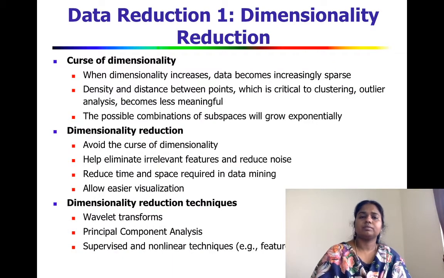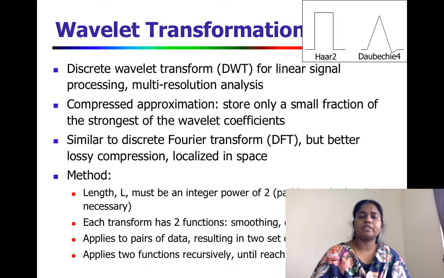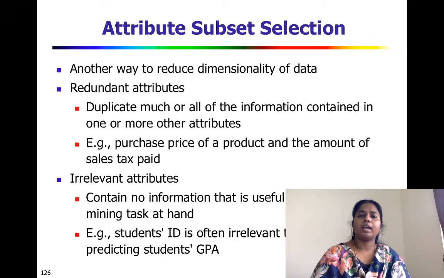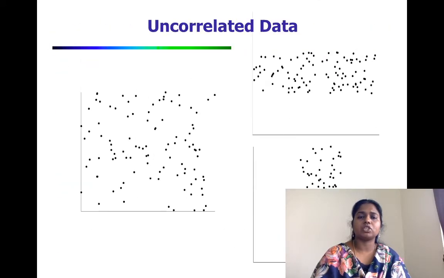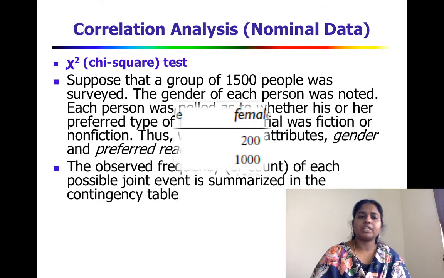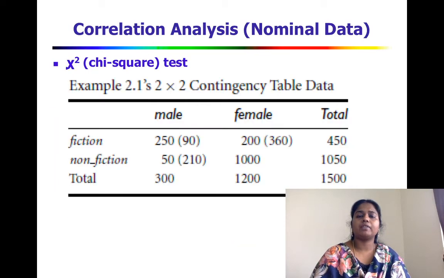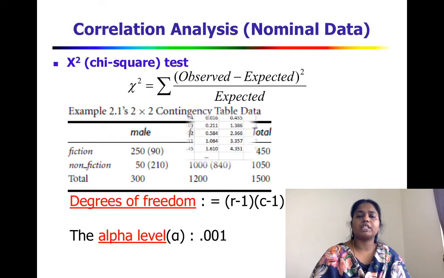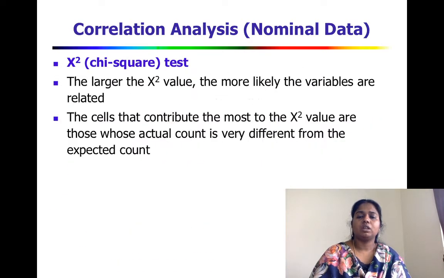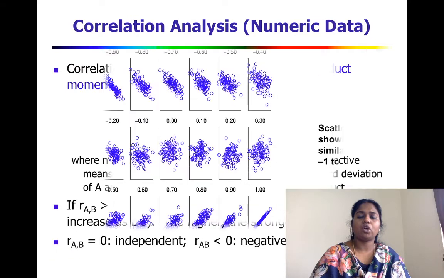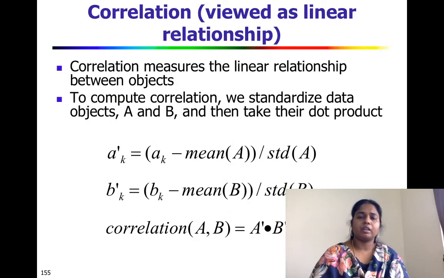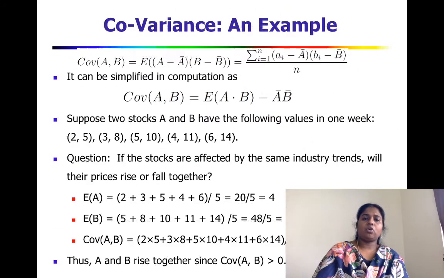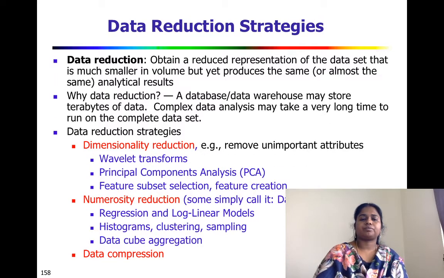So this is what we have seen on wavelet transforms and principal component analysis. This is correlation. We've seen the chi-square test, and we have seen how the observed and the expected values are close for correlated values. Then we have seen the covariance matrix can be used for numeric data.